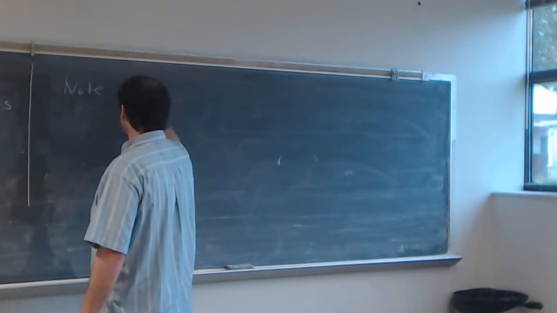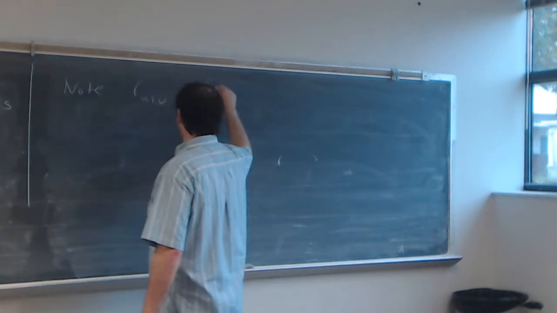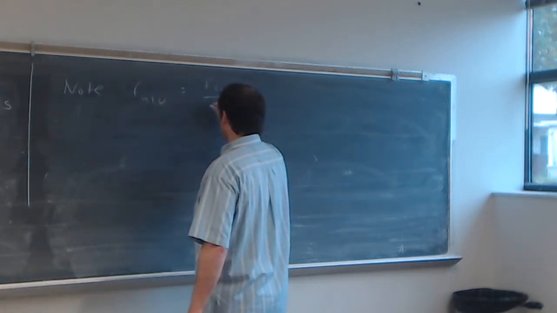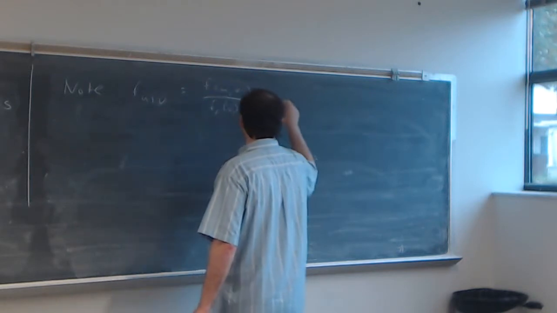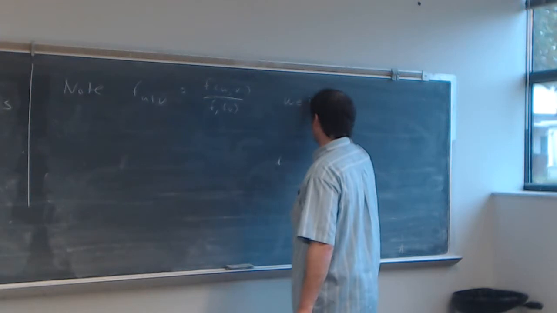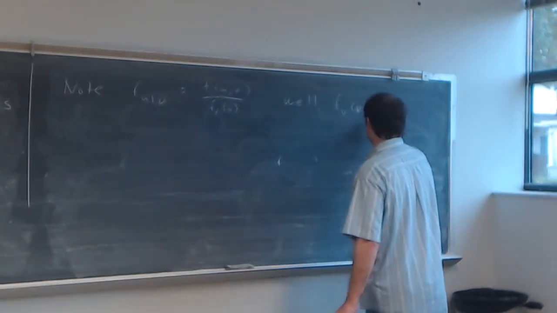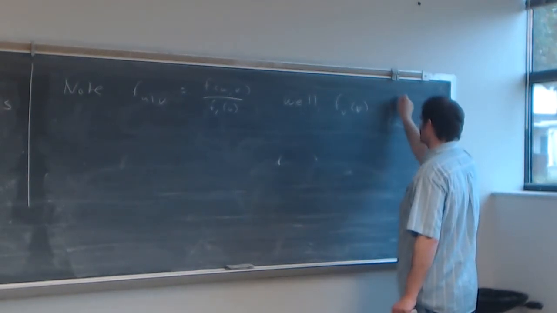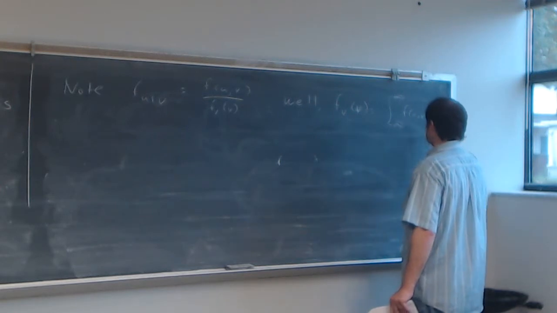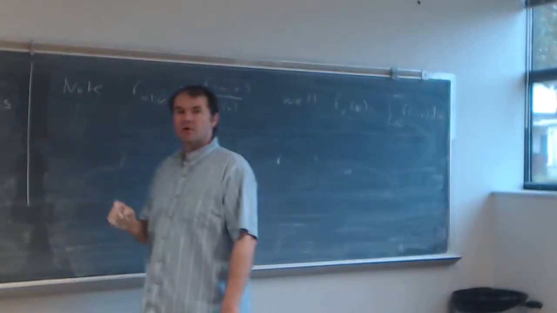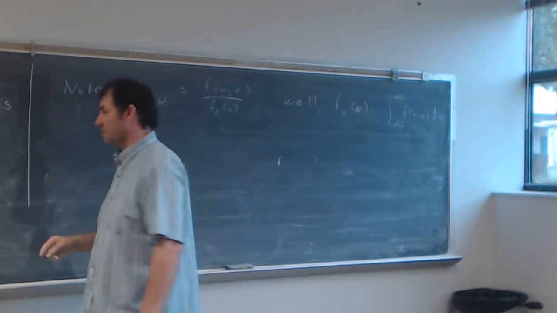Note f of u given v is equal to f of uv over f sub v of v. Well, f sub v of v is the integral from minus infinity to infinity of f of uv du. Remember, the joint probability density function is often 0 in this example.